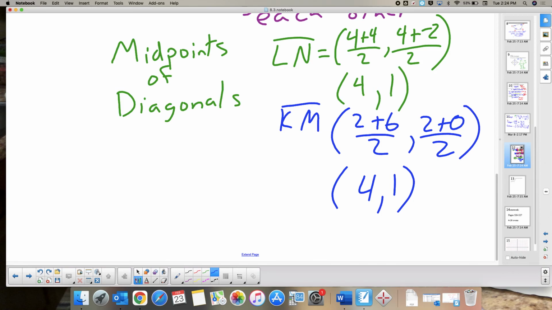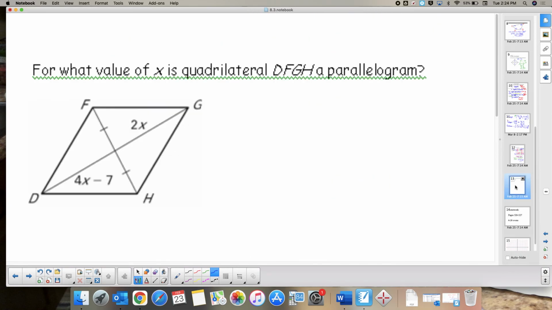Leads us to our last problem here. It says, for what value of x is quadrilateral DFGH a parallelogram? So once again, our diagonals have to bisect each other. So the 4x minus 7 has to be equal to my 2x.